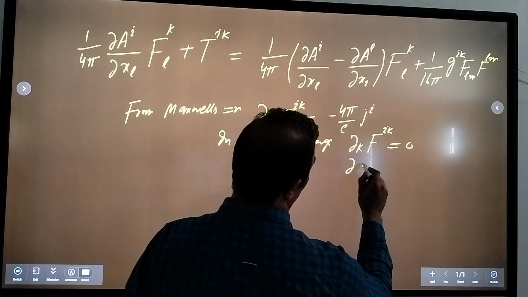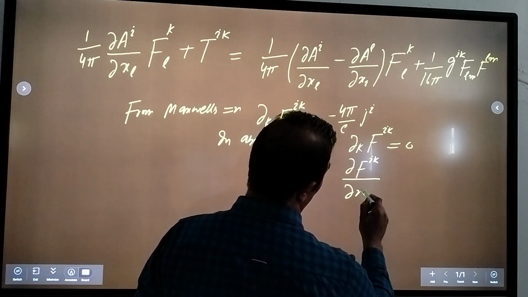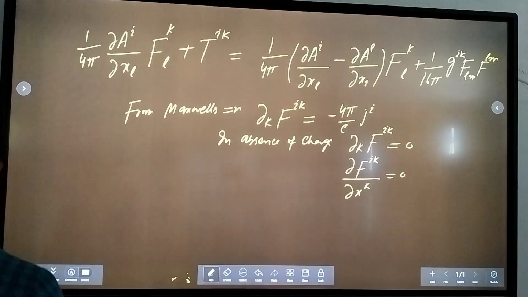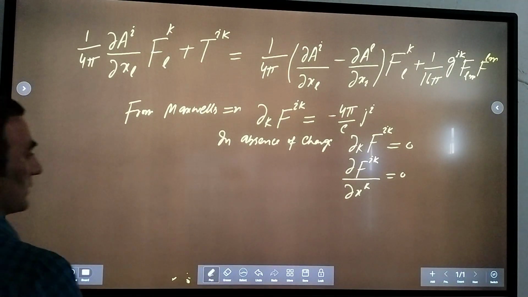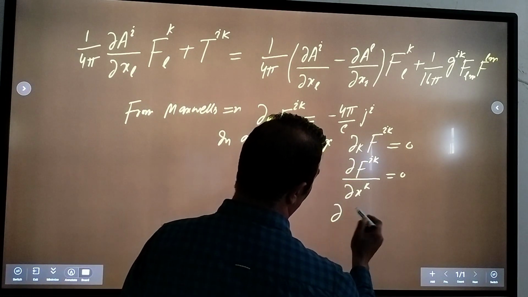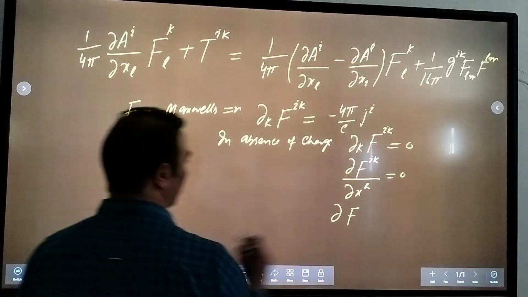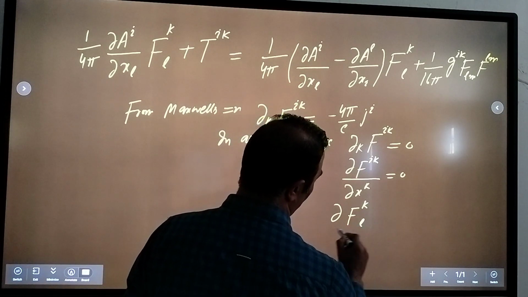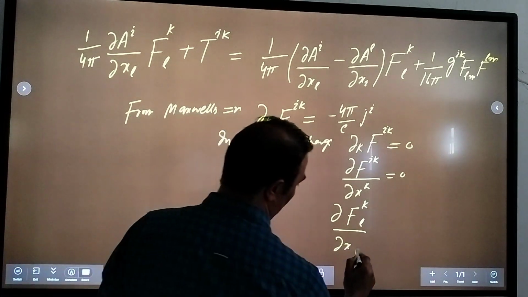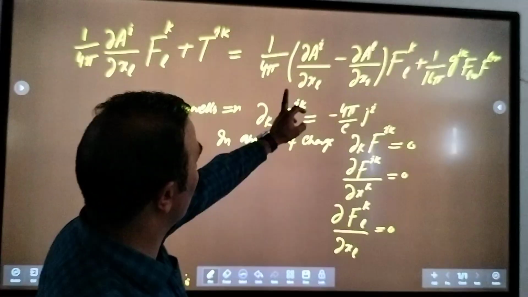We can write partial f i k divided by partial x k, so this will be equal to 0, right? So instead of that, if you convert this in the mixed tensor, you can write this as partial f kn divided by partial x l, that will be equal to 0, right? So where will I use this?